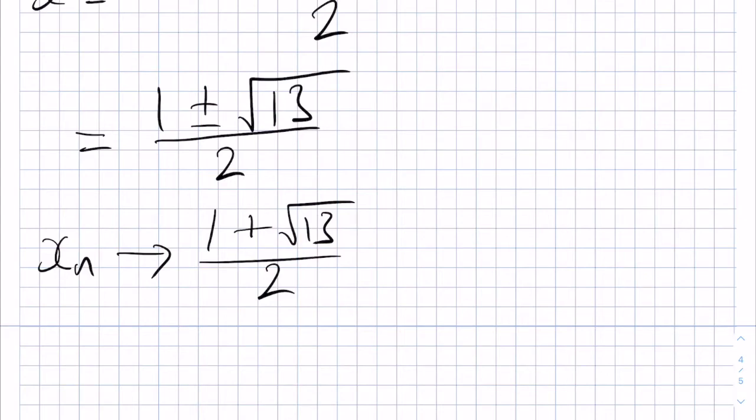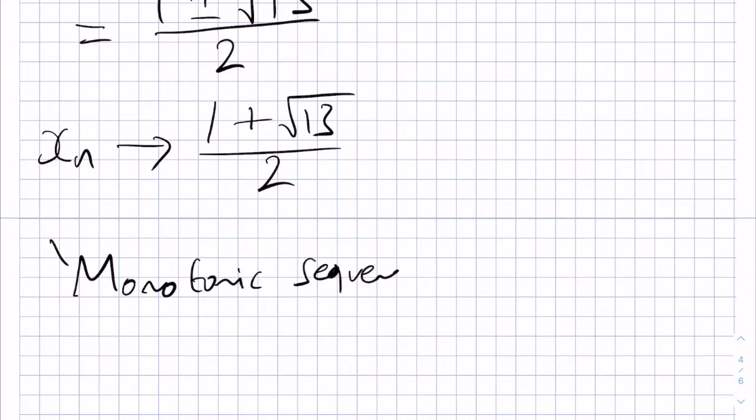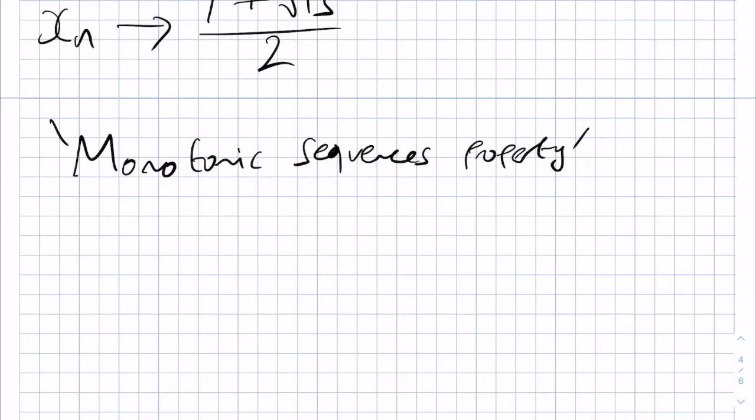We won't discuss this at length in this video, since it's beyond the content presented in the video from our Udemy course. However, one possible method is the monotonic sequences property. This says that a bounded and monotonic sequence converges.